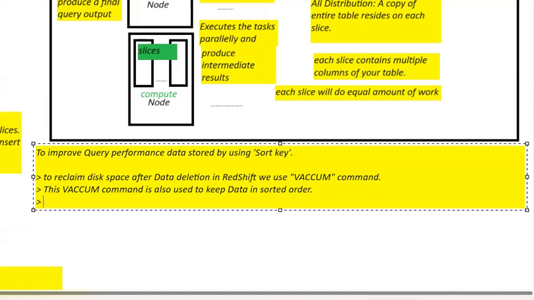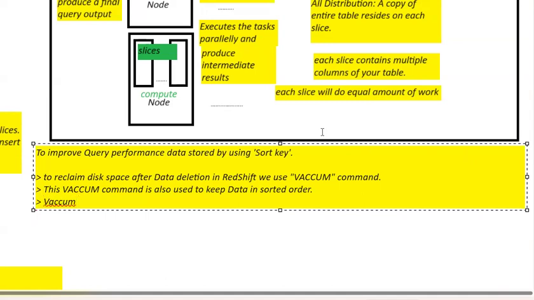The vacuum process helps to redistribute data across shards and reclaim the space. How does the vacuum command reclaim the space? It redistributes the data across the shards, and by using that it reclaims the empty space we have.